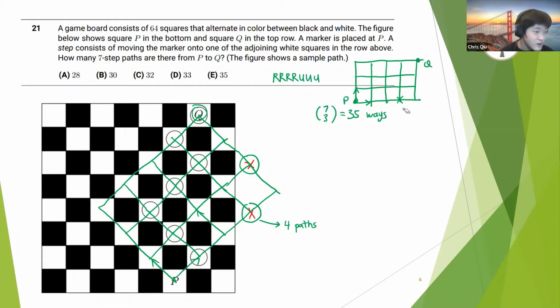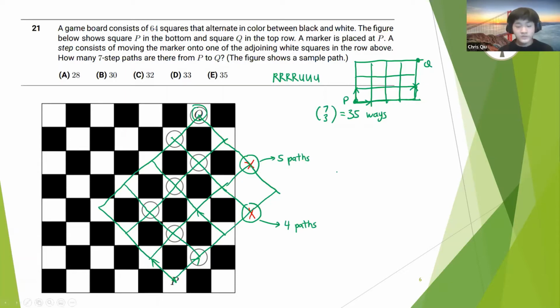And in our other case, let's say we're going through this point, there are 5 ways to get from P to this point because you can go here, here, here, here, or here. And there's only one way to get from here to here because you can't go left. So in total, there are 5 paths that go through this point.